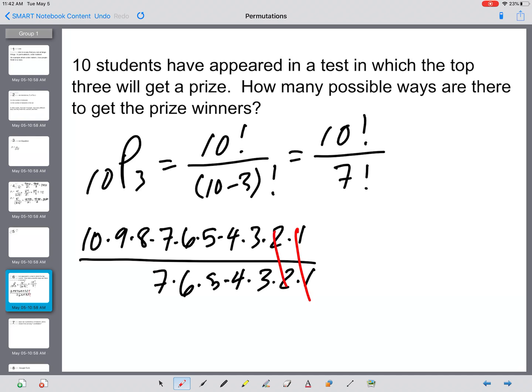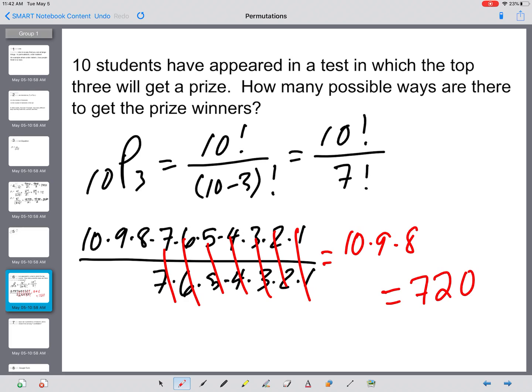The 1s cancel, the 2s cancel, 3s, 4s, 5s, 6s, 7s. So I'm just left with 10 times 9 times 8. So I know that there are 720 different ways to finish in the top 3 when there's 10 people.